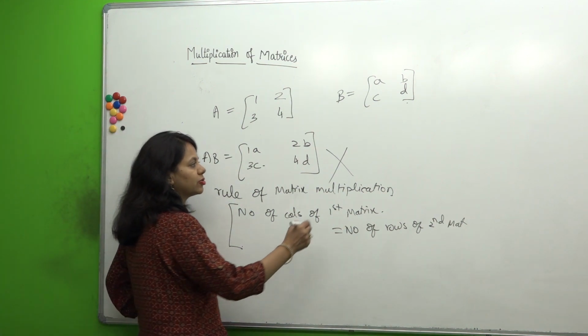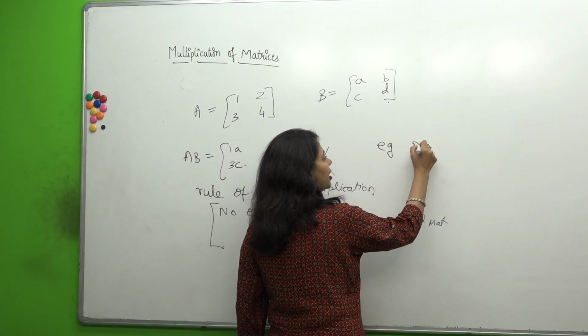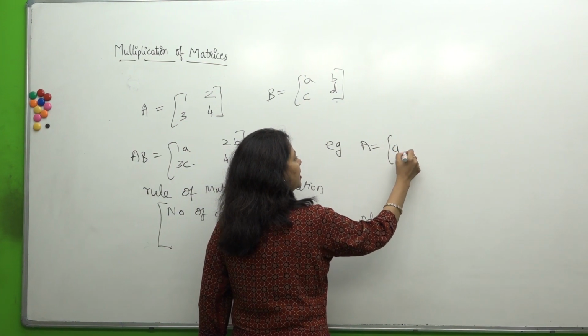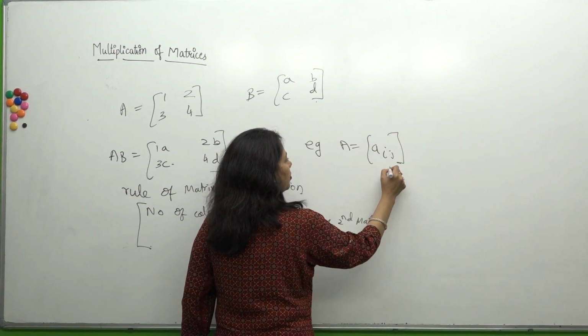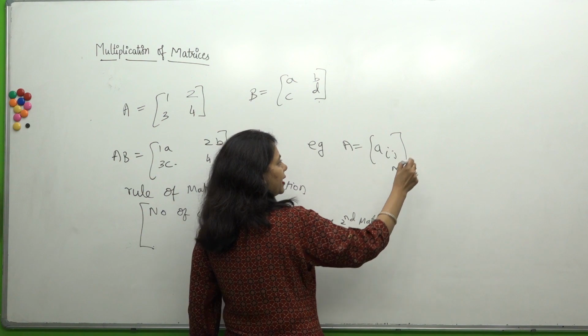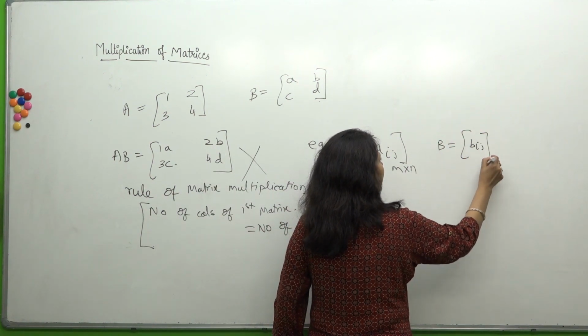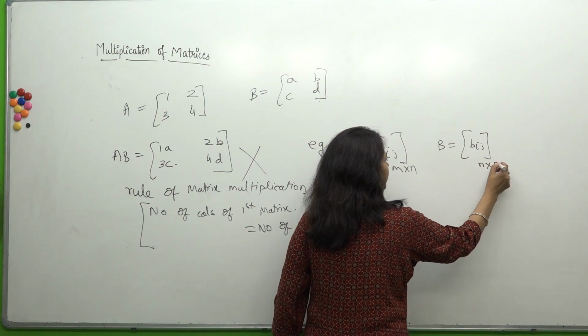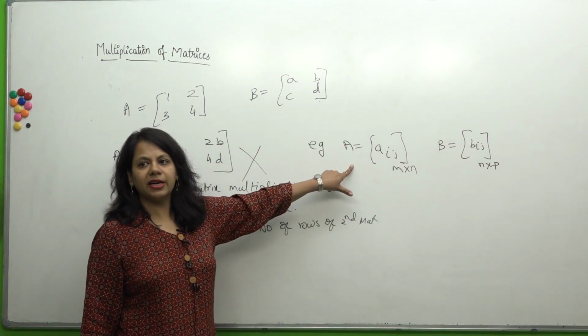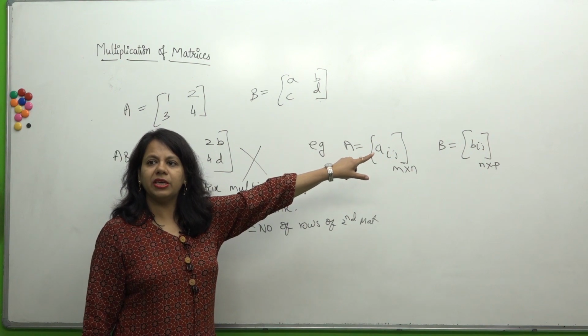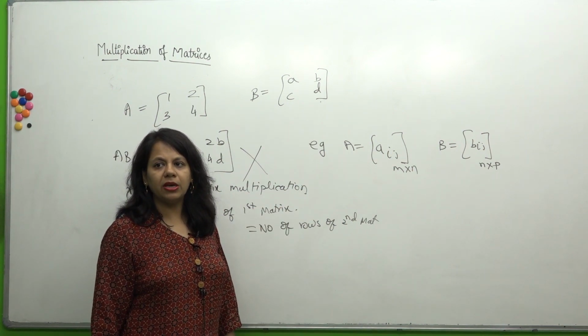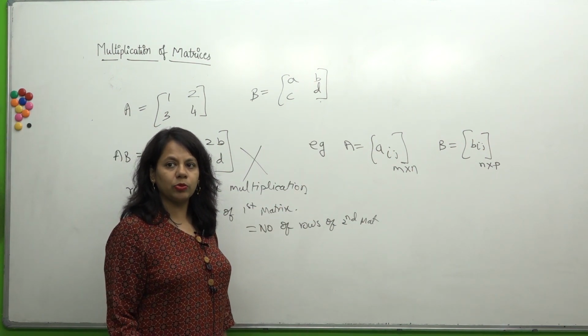the second matrix. For example, if I have A as Aij M cross N and I have B as Bij N cross P. Now my first rule to multiply, what did I tell you?